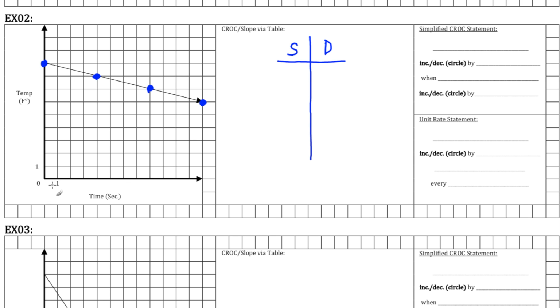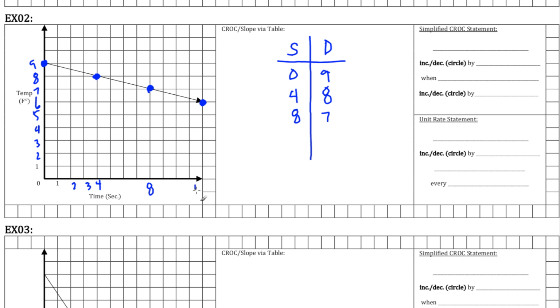Cool. So 0, 9. And then we have 4, 8. And then we have 8, 7.